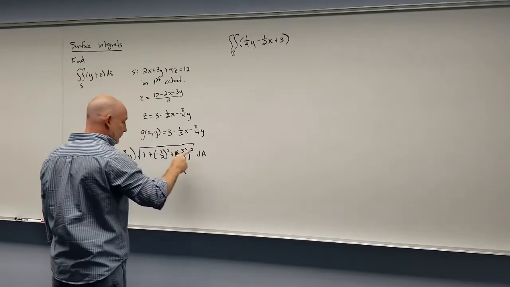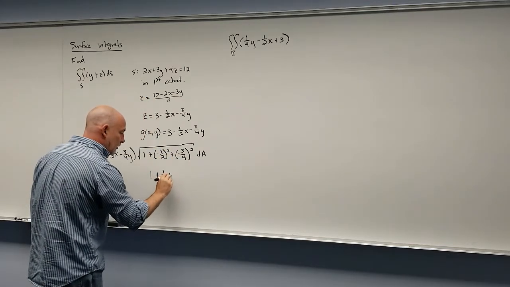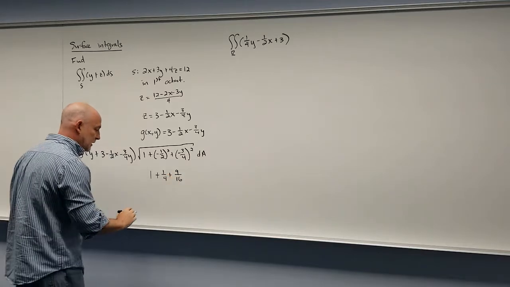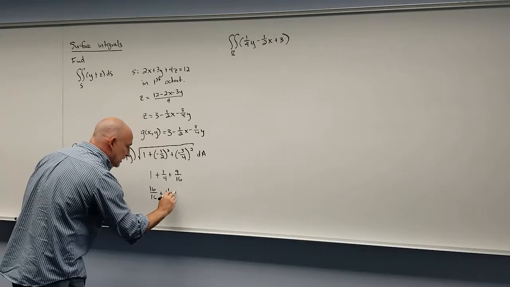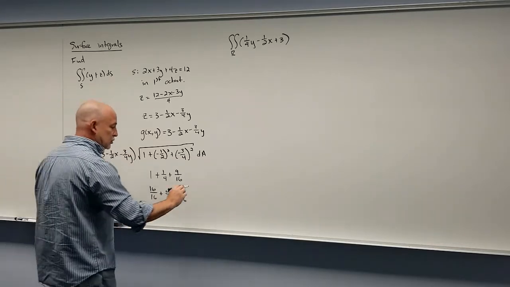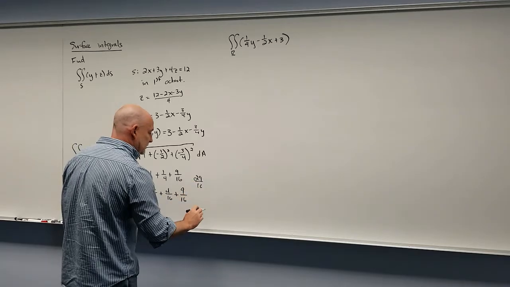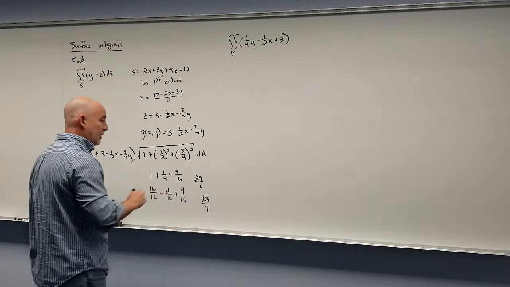And what is all of this going to be? Well, that's going to be 1 plus 1/4 plus 9/16, 16/16, 4/16, and 9/16. That's 29/16, or the square root of 29 over 4 when you plug it back in.